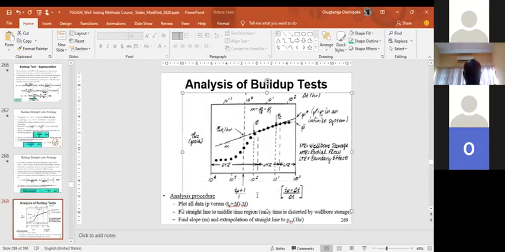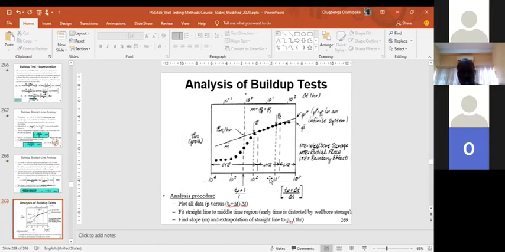So Horner, look at this. This is actually a graph where you have both the Horner time and your shut-in time plotted. Here the lower x-axis is the Horner time, and here is the shut-in time.